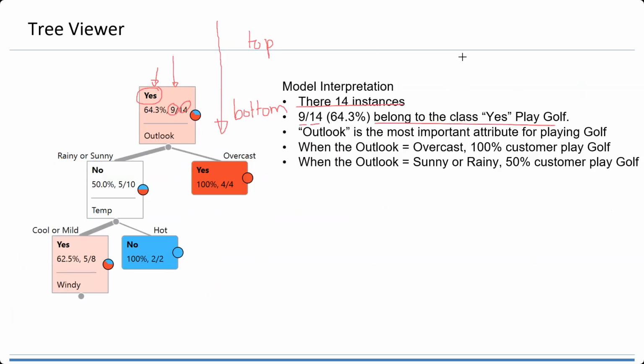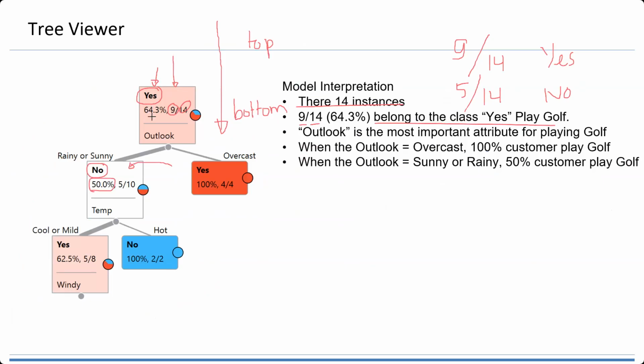The remaining, 5 from 14, are no. In Orange, if it is 50%, it means we cannot distinguish yes from no. That's why the color becomes white.